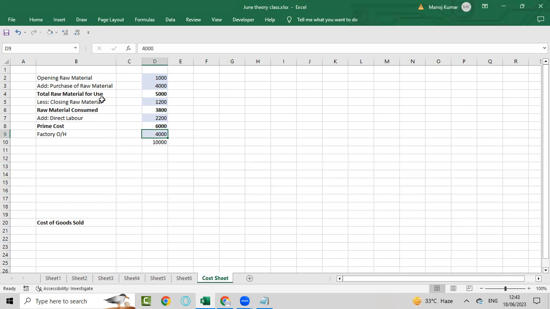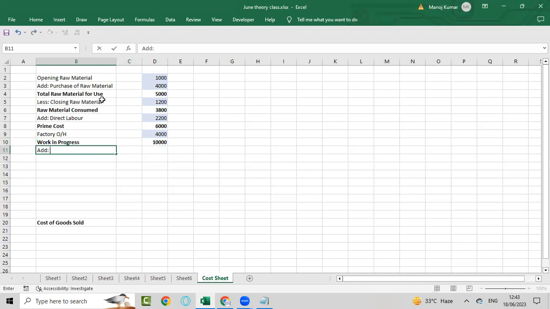I think factory related any kind of cost you add in factory overheads. Clear? So this becomes work in progress. Okay. We have not yet reached to the final stage. Production. No, we are still in process.